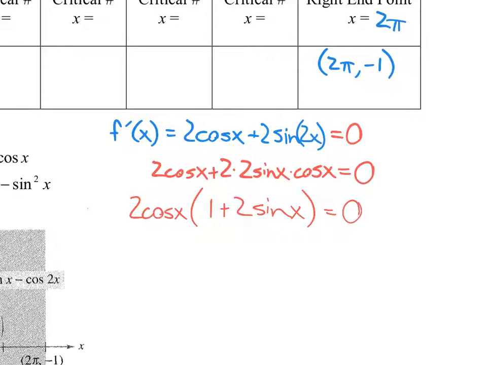Oh, no. So we can just say 2 cosine x equals 0, divide 0 by 2, and do the same thing. Exactly. So that tells us that either the cosine of x equals 0, or the sine of x is going to be a negative 1/2.